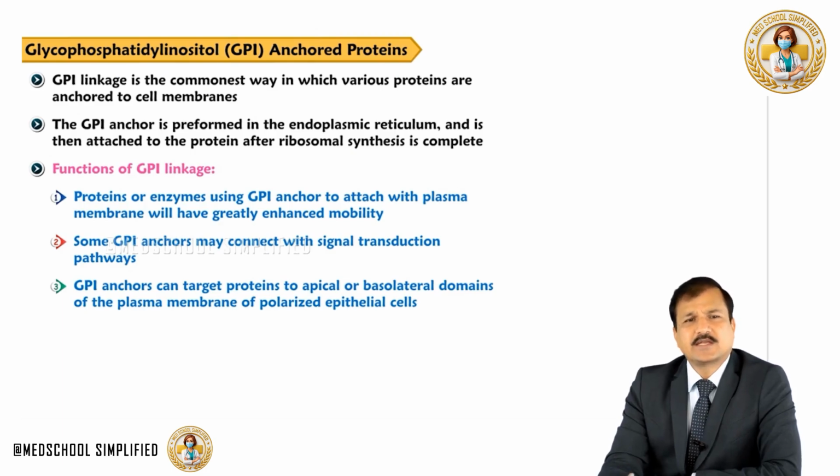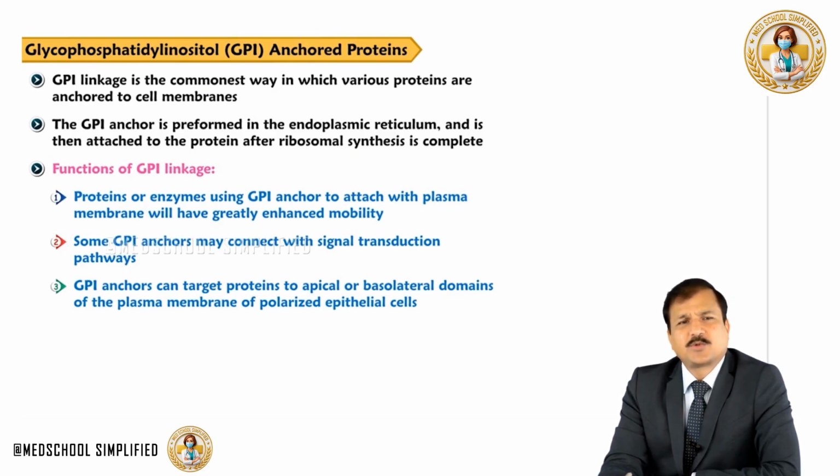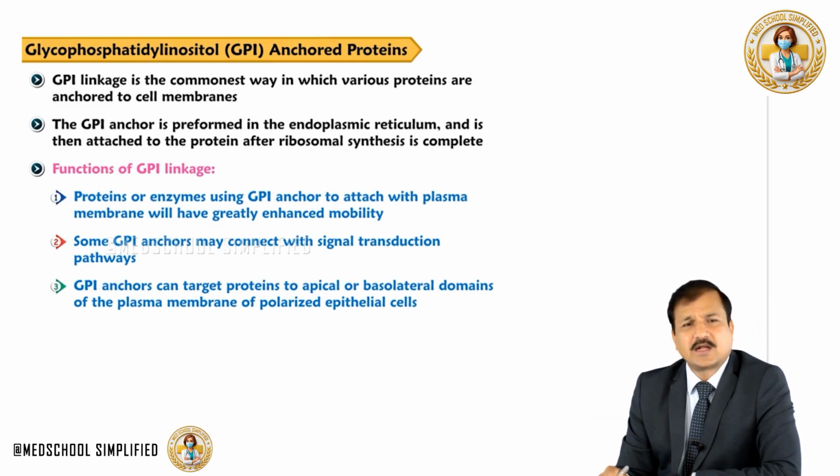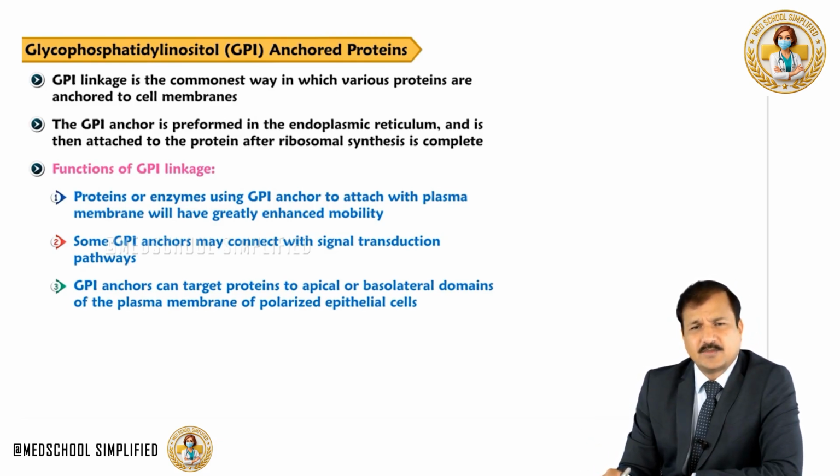Now, the GPI linkage is the commonest way in which various proteins are anchored to cell membranes, as I have explained with some examples in the table. Note that the GPI anchor is pre-formed in the endoplasmic reticulum.